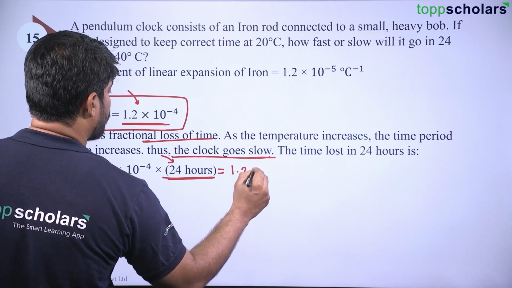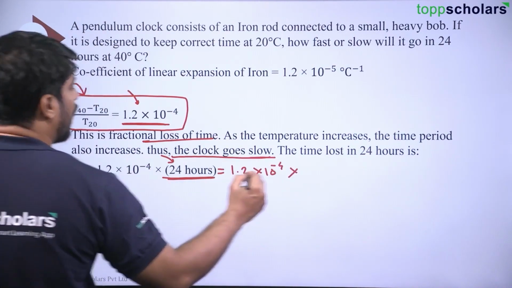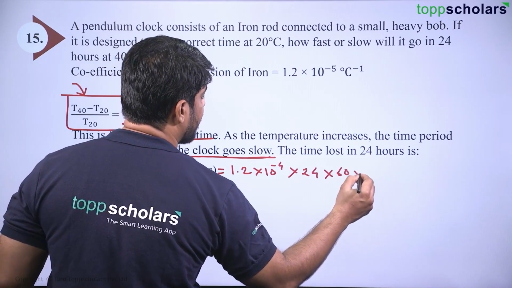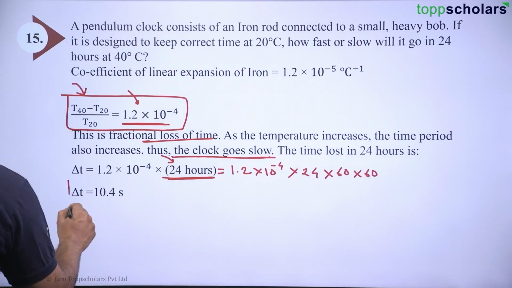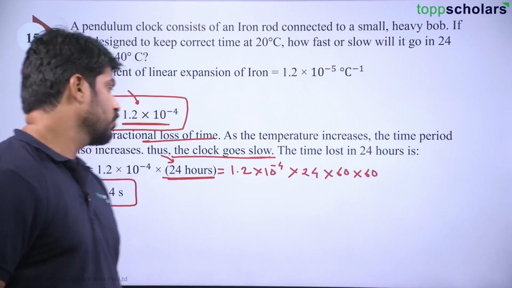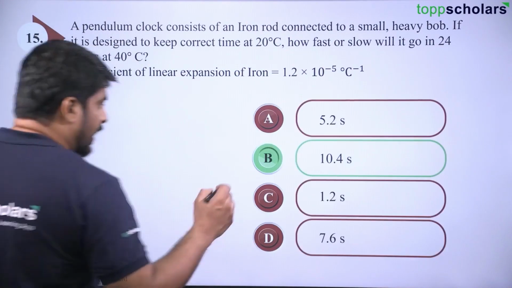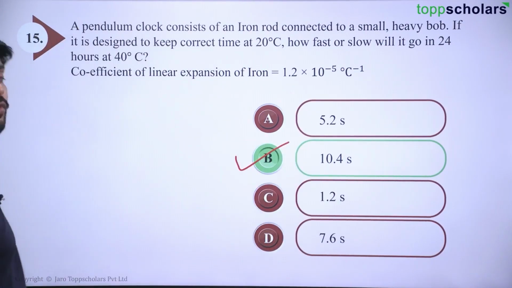Here it is 1.2 into 10 raised to minus 4 into 24 hours. That means 24 times 60 minutes, and each minute consists of 60 seconds. After we solve all this, finally we get 10.4 seconds. So the correct answer here is option B, that is 10.4 seconds.